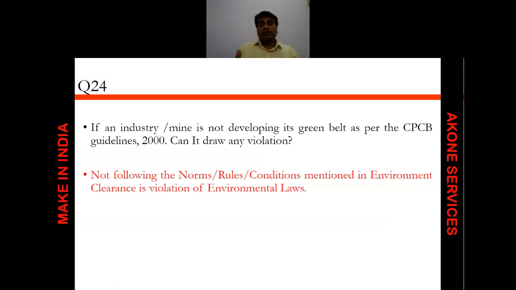The vicinity, the area where you are going to develop the green belt or plant trees, must be nearby, and you must take the responsibility for developing and maintaining it, etc., with an undertaking. Then that can be considered as a green belt. In that case, you can avoid this type of violation. So that is one thing.